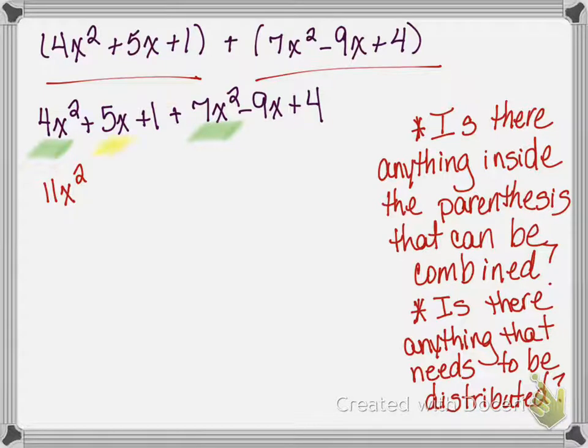Okay, then I have 5x and negative 9x. 5x and negative 9x is minus 4x. And my last set of like terms are 1 and 4. Now, that's my final answer right there.